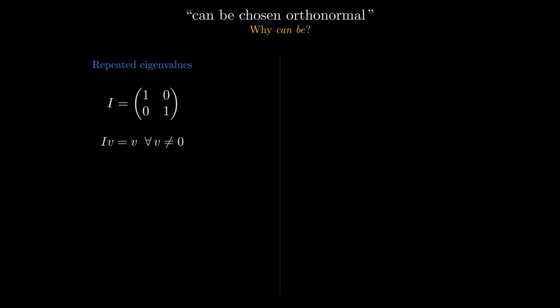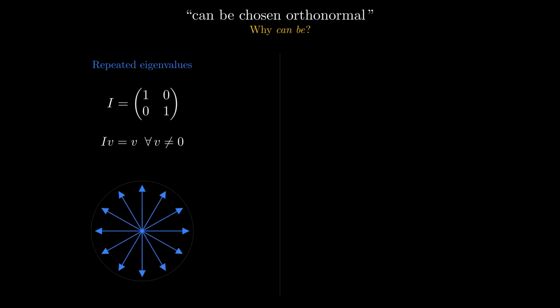There's a subtle word in our statement. Eigenvectors can be chosen orthonormal. Why can be? Consider the identity matrix. Every non-zero vector v satisfies I times v equals v. Every direction is an eigenvector with eigenvalue 1. There's no unique choice. We freely pick any orthonormal basis we like.